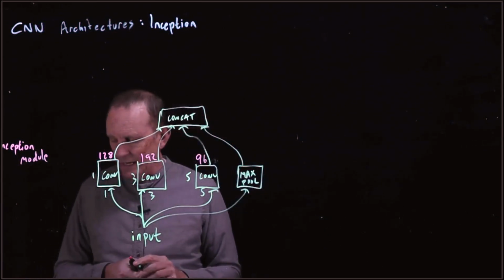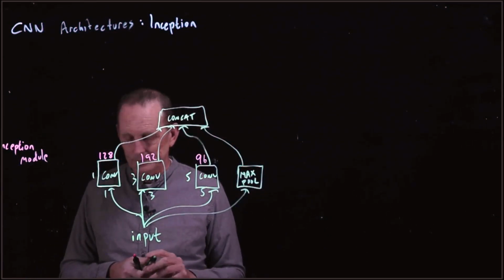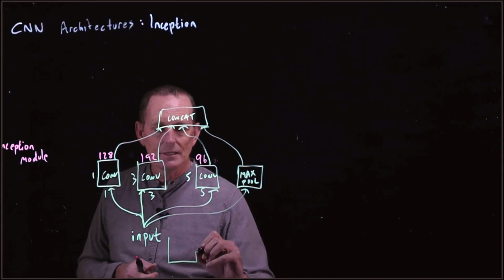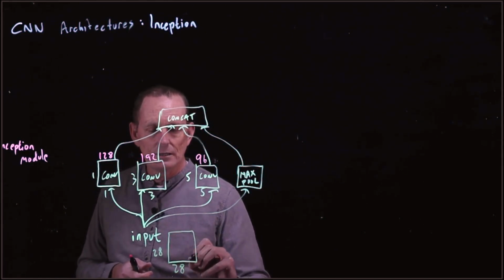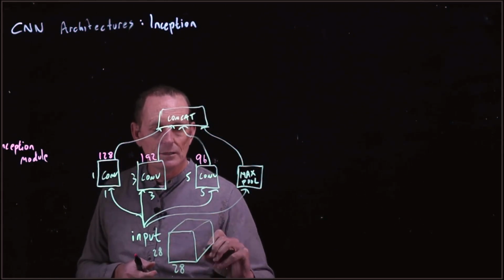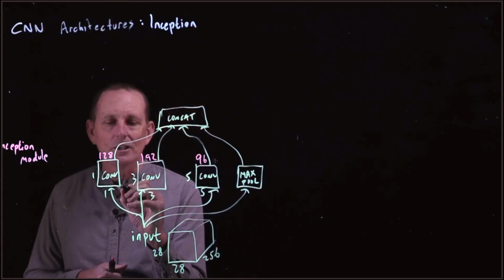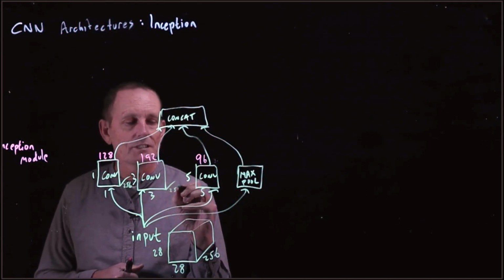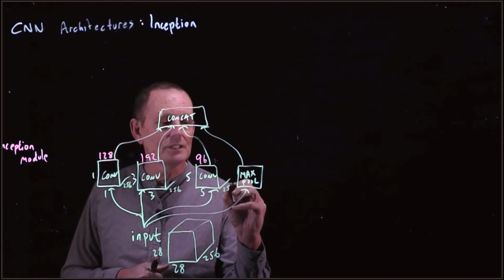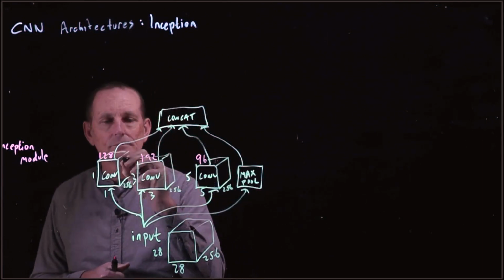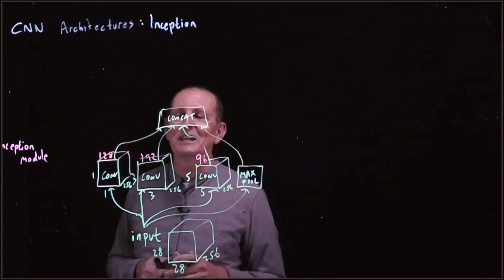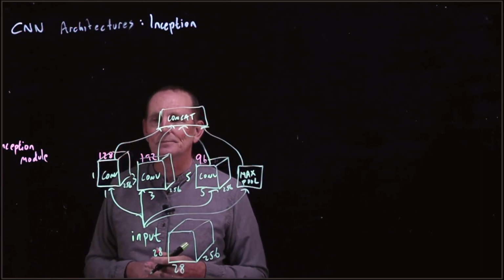So let's say our input is of size 28 by 28 by 256. Then these will be 1x1 by 256, 3x3 by 256, 5x5 by 256. And again, we're going to come back to the max pool layer in a second.